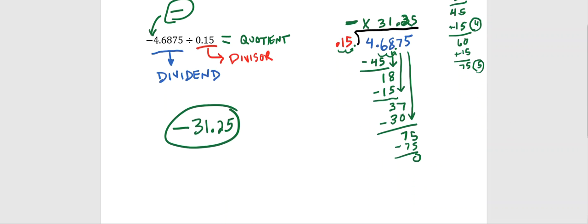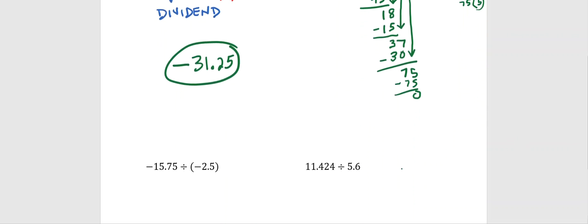So there are 2 problems at the bottom. I'll ask you to repeat that process on your own. So make sure your first number, your dividend, goes inside the division house, and your second number goes outside the house as your divisor. So dividend in the house, divisor outside the house, and then adjust for your decimal points and account for your signs before you actually start doing the division.